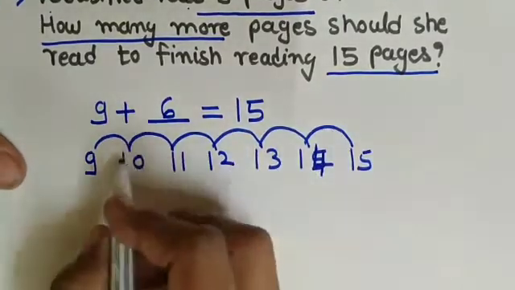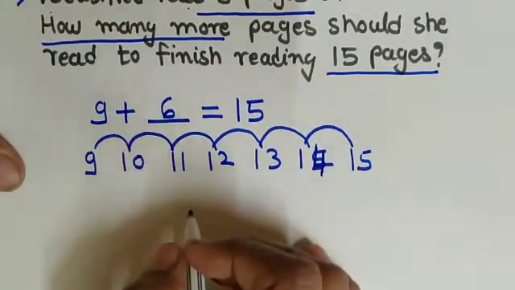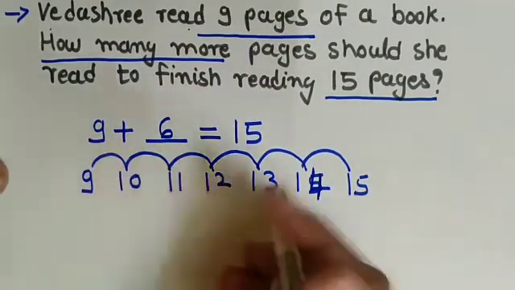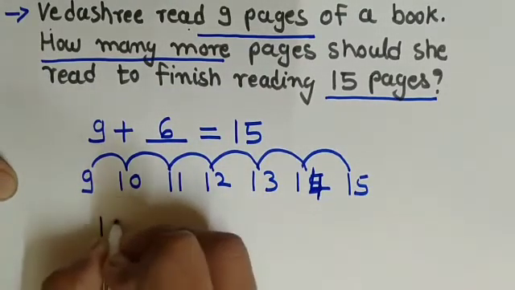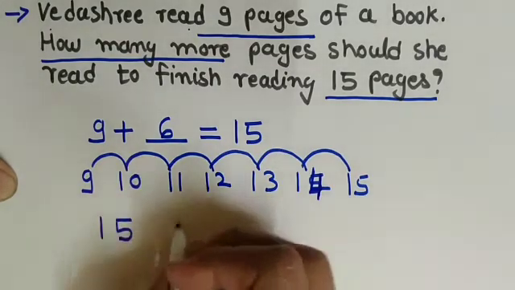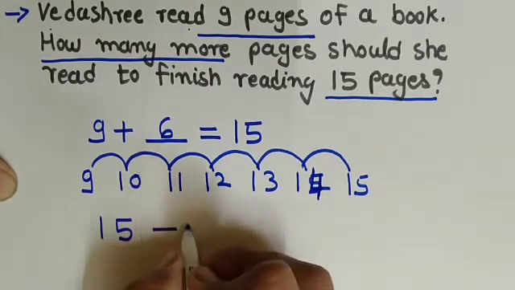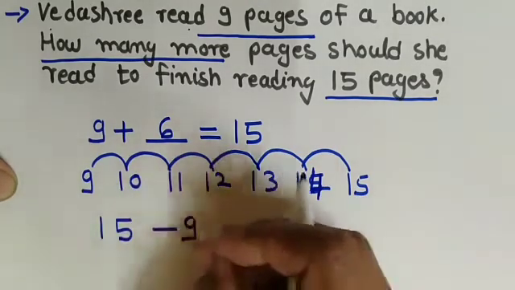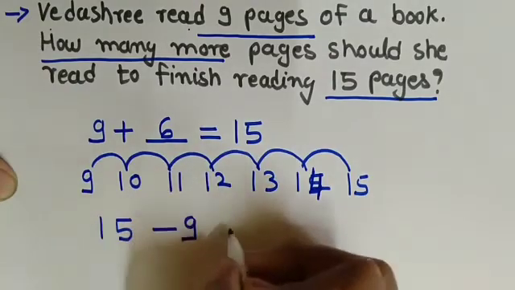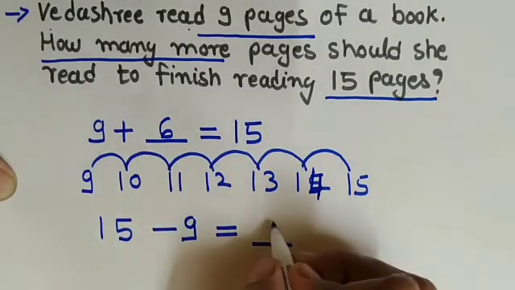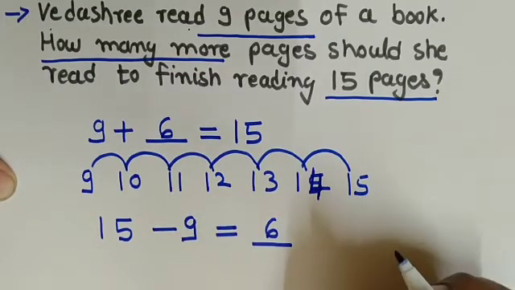Now we will understand this same problem with the help of subtraction. She has to read 15 pages, but she has done 9 pages reading. So what will we do? We will take out those 9 pages from 15. Then what is left, children? 6 only.